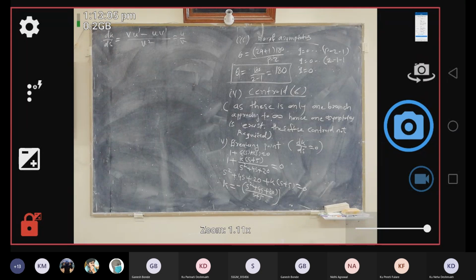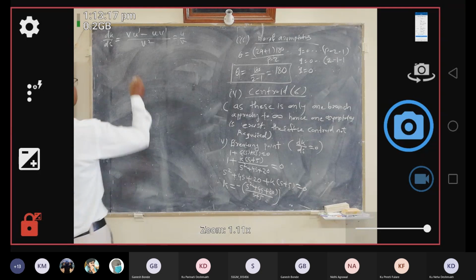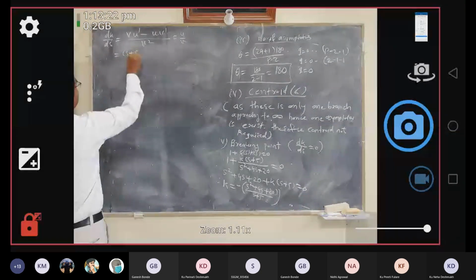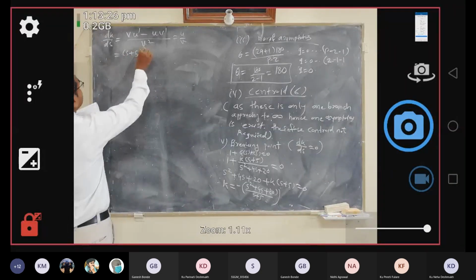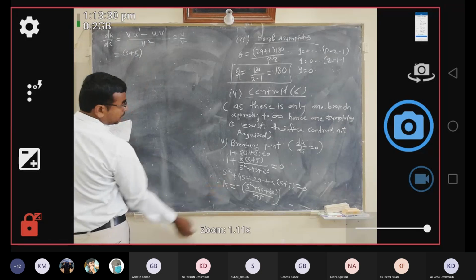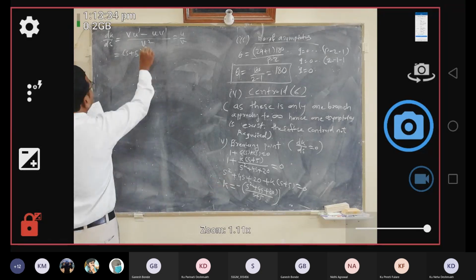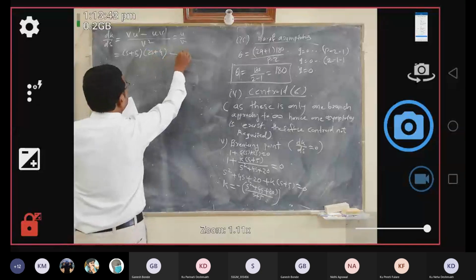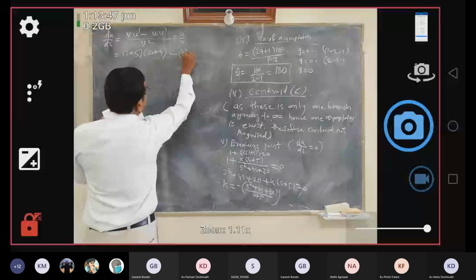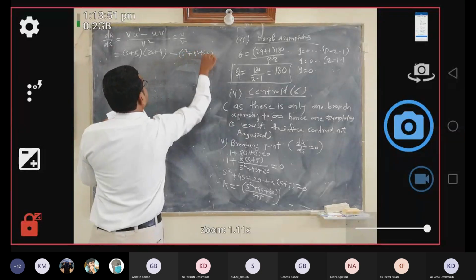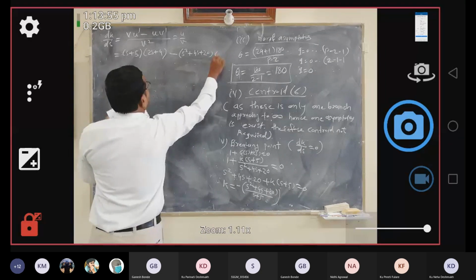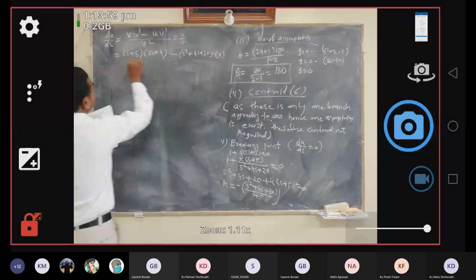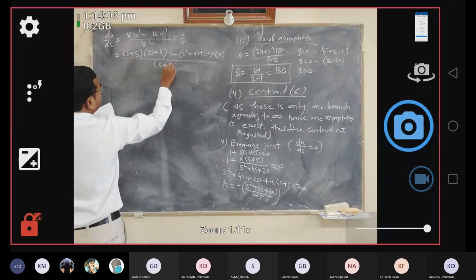So you will get like this: (s plus 5), v as it is, into u derivative, that is the derivative of s square plus 4s plus 20, which is twice s plus 4, minus u as it is, s square plus 4s plus 20, into v dash derivative, which is 1, divided by v square, so (s plus 5) whole square.